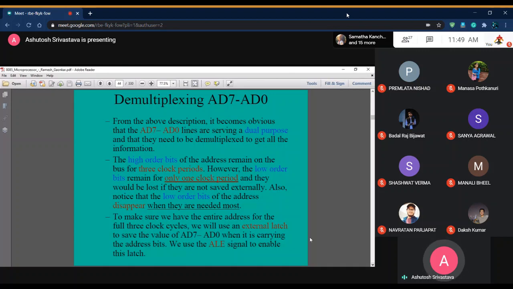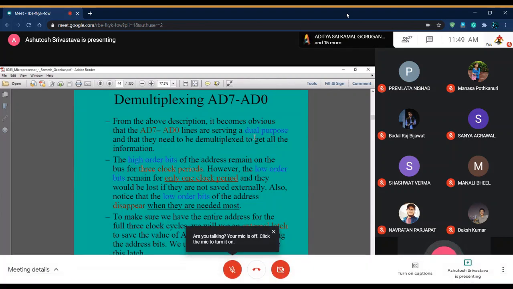As I already mentioned, AD0 to AD7 serve a dual purpose and are multiplexed and demultiplexed to get the information in the form of the lower order address and the data. So it was used both to send and retrieve the complete lower order address and the data.